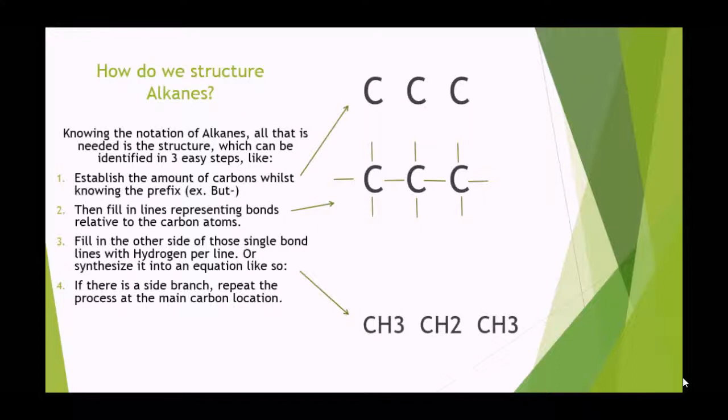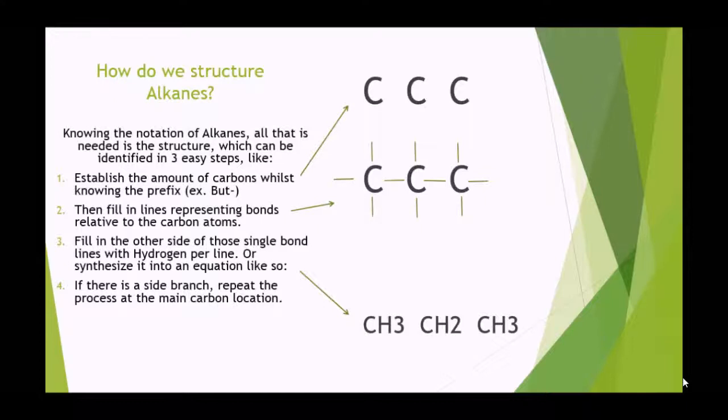So, because carbon has 4 valence electrons, we have to replace those electrons with bonds, and then connect them to hydrogen, which brings me to my other point. Fill in the other side of the single bonds with hydrogen per line, or synthesize it into an equation like so. And finally, if there is a side branch, repeat the process again at the main carbon location.